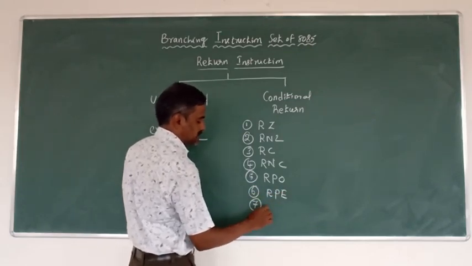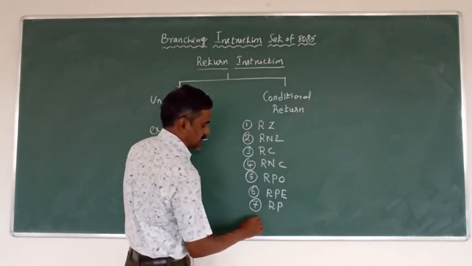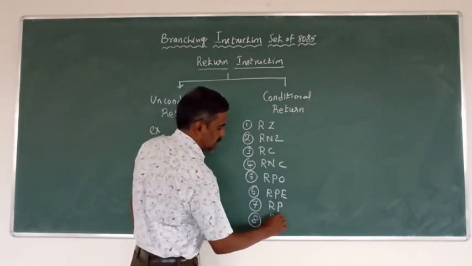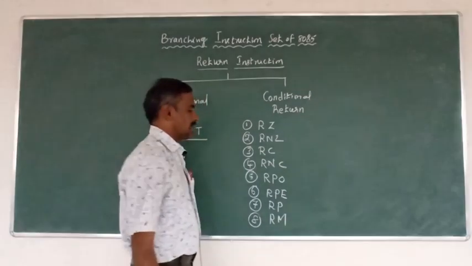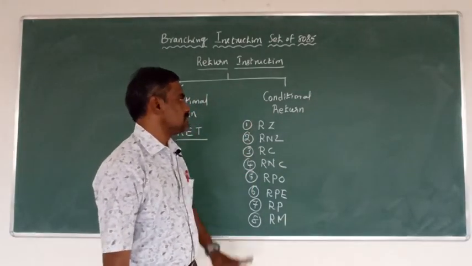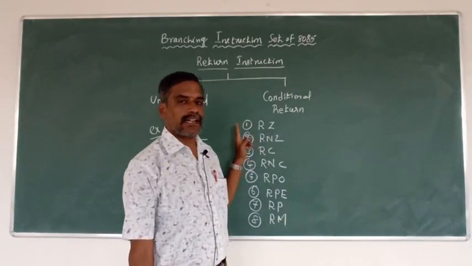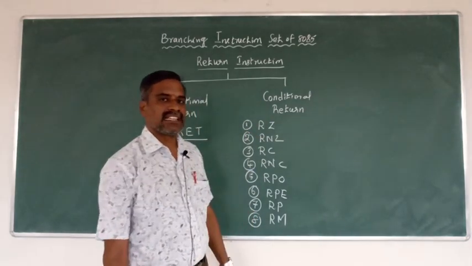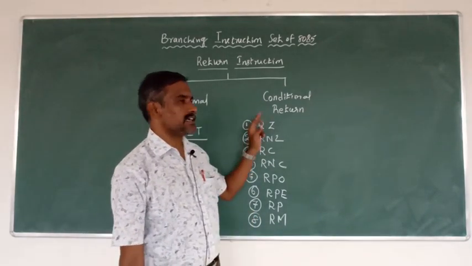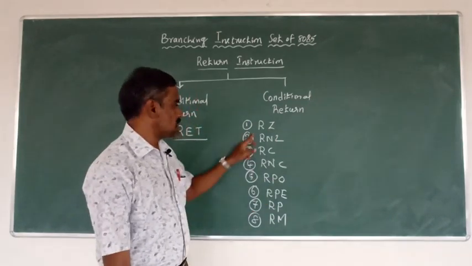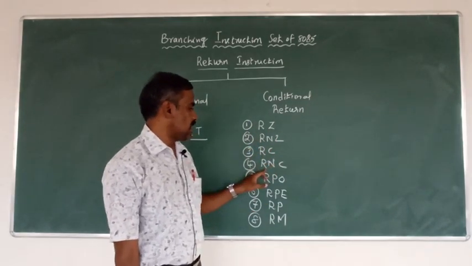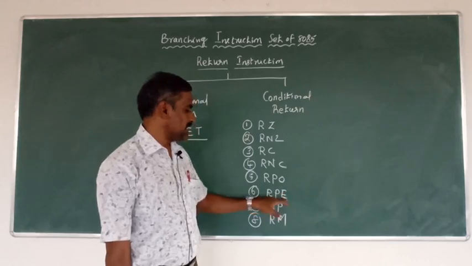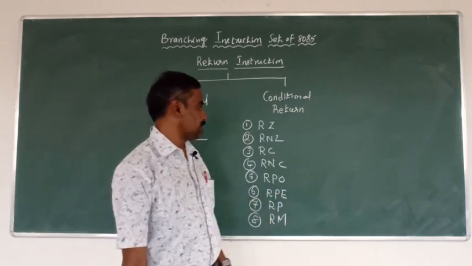Seventh one, RP. And eighth one, RM. There are 8 conditional return instructions: RZ, RNZ, RC, RNC, RPO, RPE, RP, and RM.